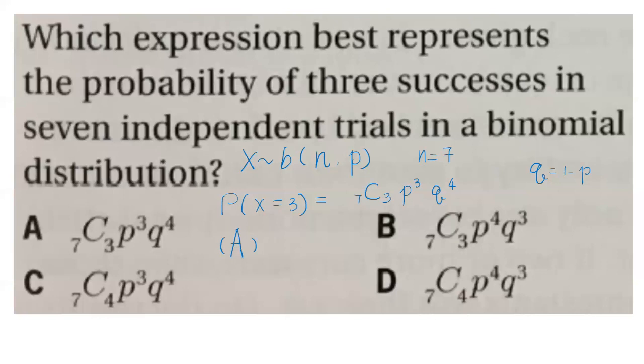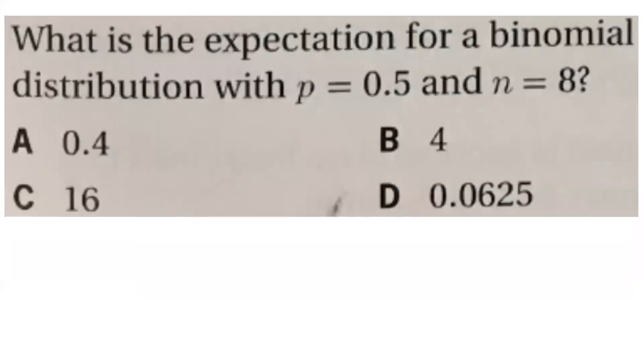All right. Next one. What is the expectation for a binomial distribution with P is 0.5 and N is 8? Okay, we have already discussed this, right? If X follows a binomial distribution, then the expected value of X is NP, right?